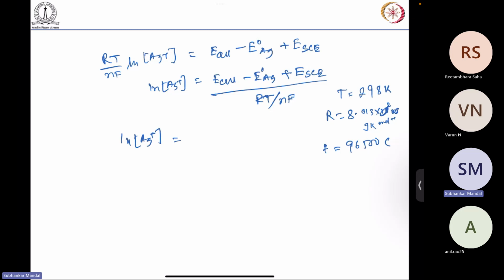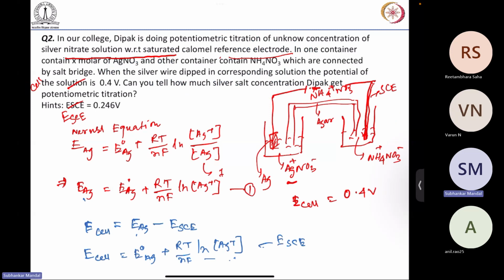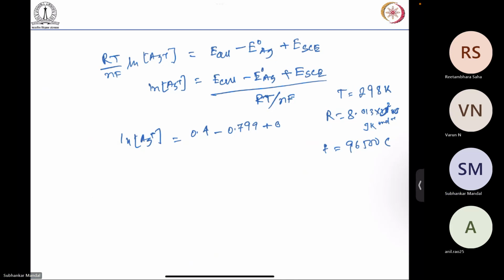So this thing you can write: ln of Ag plus is equal to the initial E cell, given as 0.4 volt, minus the standard potential of Ag, that is 0.799, plus the calomel electrode potential 0.246, divided by, as it is room temperature, 0.059.